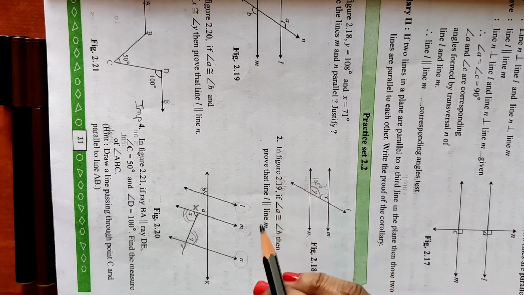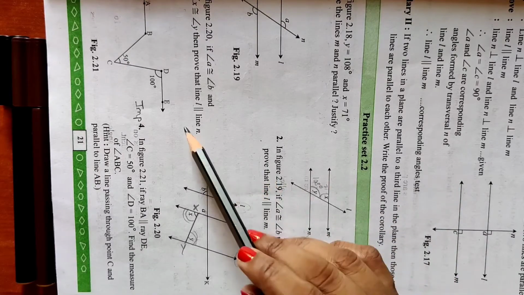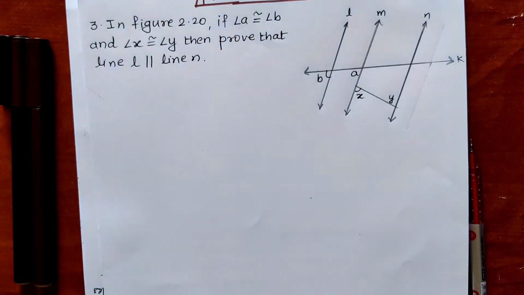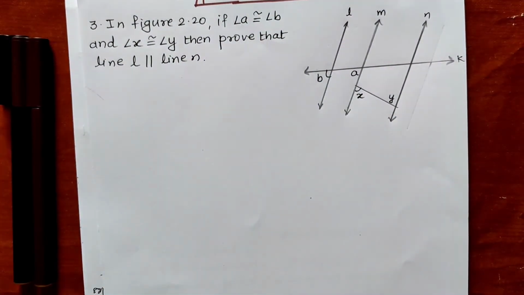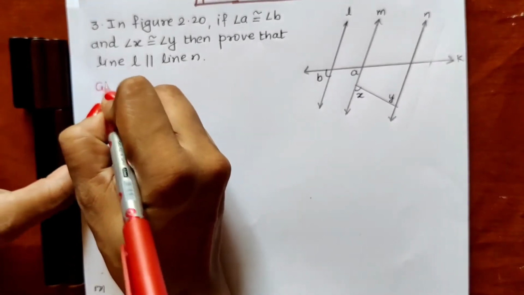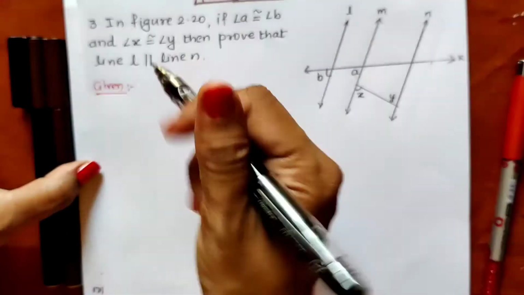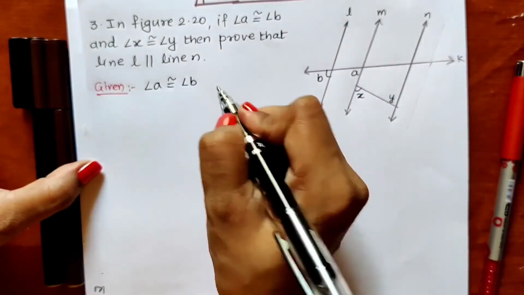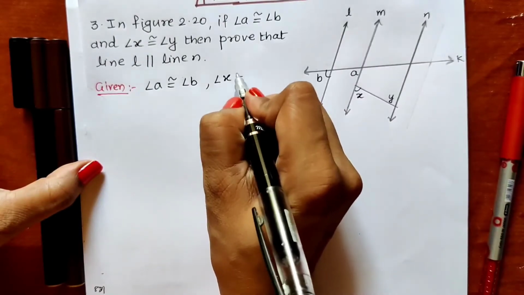So we will write this in our proof first, and then we will prove that L and N are parallel. Let us see how to write the proof. First we will write Given. Angle A is congruent with angle B and angle x is congruent with angle y.